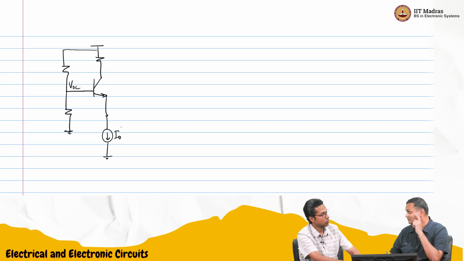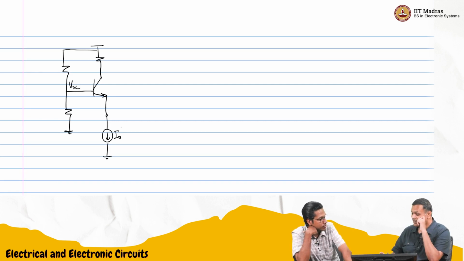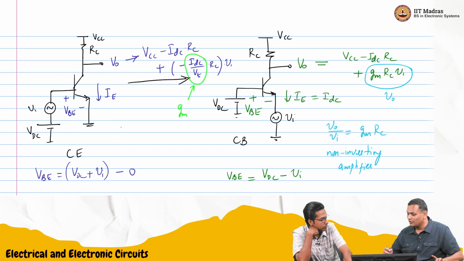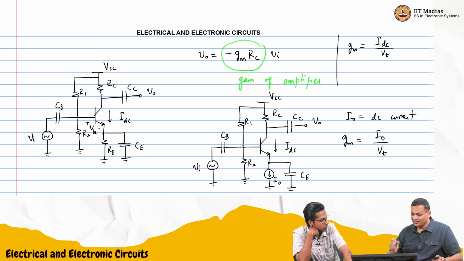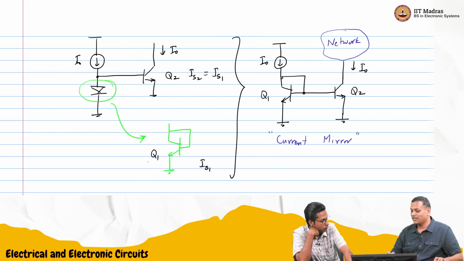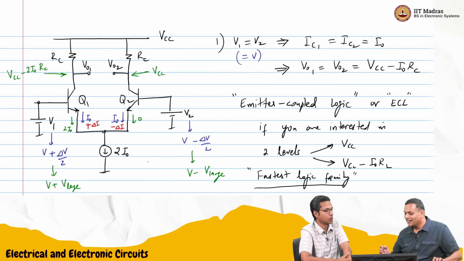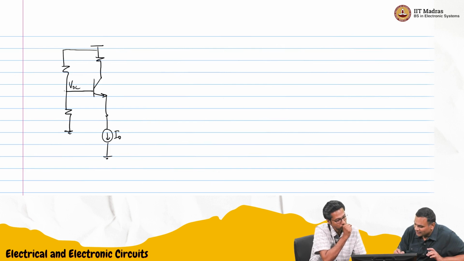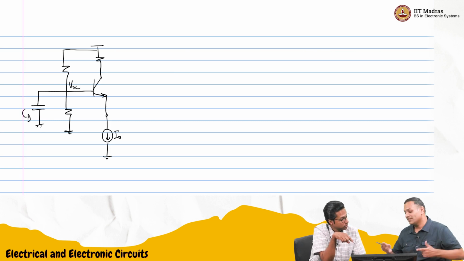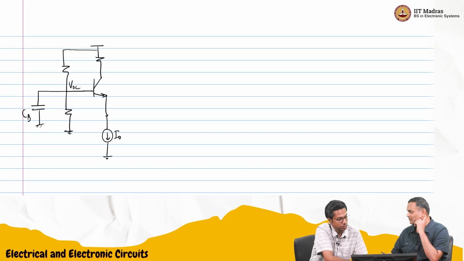But the VI needs to be added, and the base also needs to be grounded. For the common emitter amplifier, we added an RE here and a CE. We should be able to do the same thing here, because if we add a large capacitor CB here, then for the signal that will be ground.